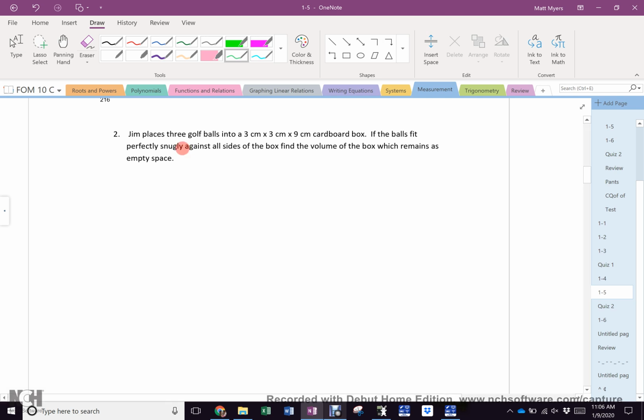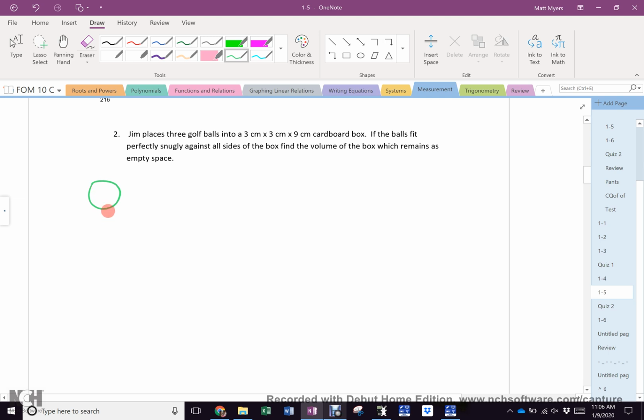We do this math because things like packaging do matter, right? And also what Braden said, the less packaging we can use, the better off we are. So, we're going to package our golf balls, 3 of them, in this cardboard box, right? Okay, so if the balls fit perfectly snugly, find the volume of empty space, because we don't want empty space if we can avoid it, right?